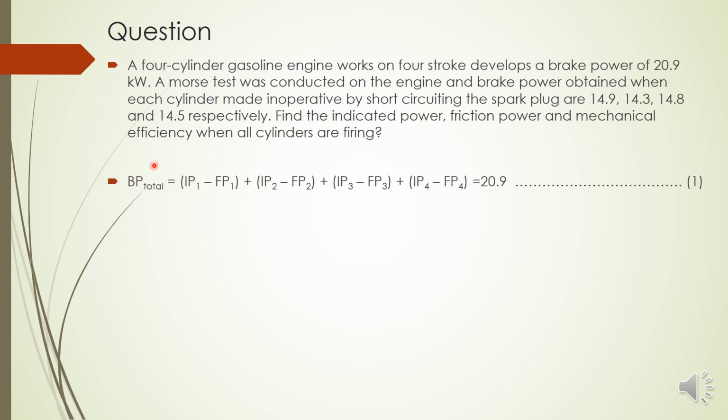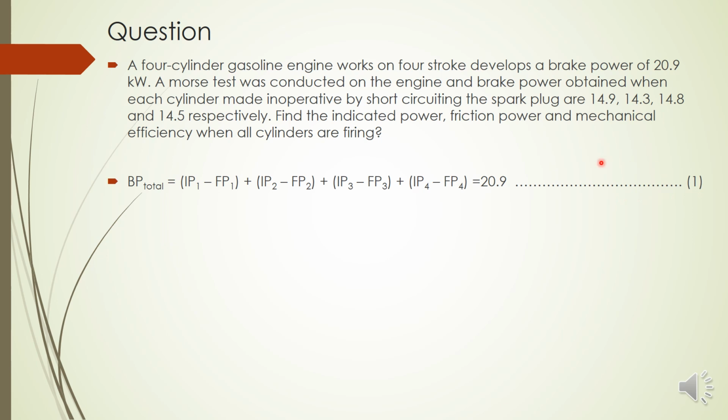The total brake power when all the cylinders are running is the indicated power of the first cylinder minus the friction power of the first, plus IP2 minus FP2, plus IP3 minus FP3, and finally IP4 minus FP4. That is given as 20.9. So when all the cylinders are running, the total brake power is 20.9. Let it be equation number 1.